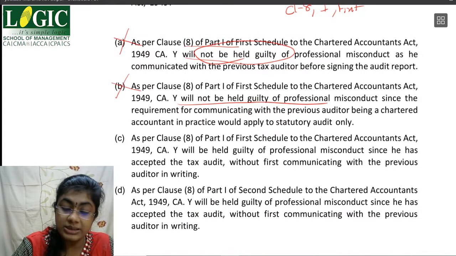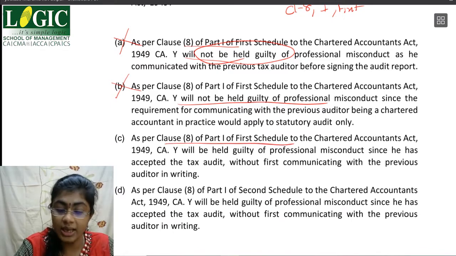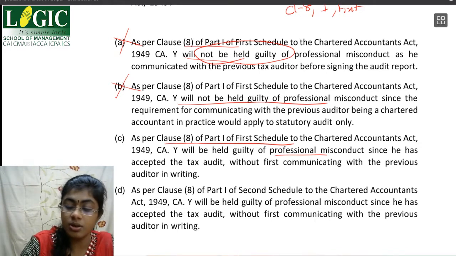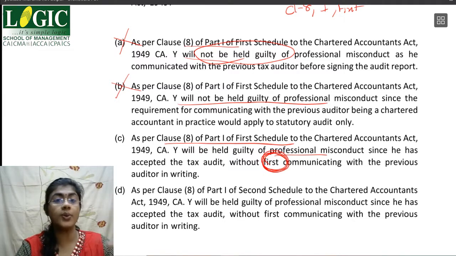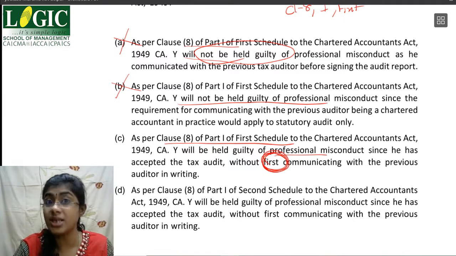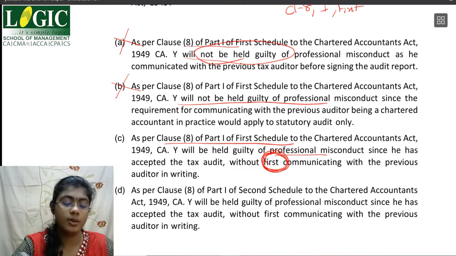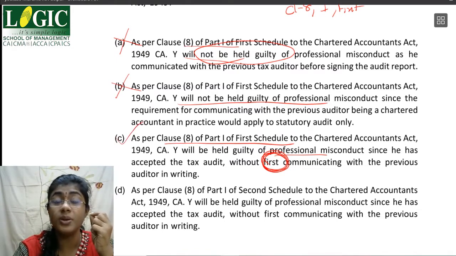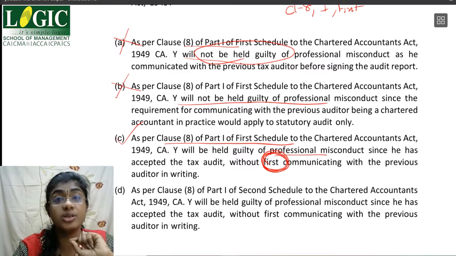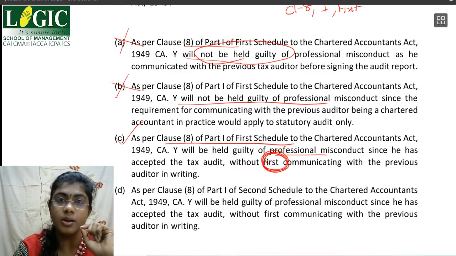As per clause 8 part 1 of first schedule to the CA Act, CAY will be guilty of professional misconduct since he has accepted the tax audit, see this word, without first communicating with previous auditor who is a CA in writing. Council guideline regulation says that it should be in RPAD, registered post with acknowledgement due.